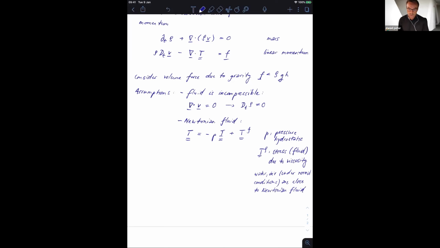Or, often, polymer solutions are non-Newtonian fluids. So non-Newtonian could be paint, blood, or polymer solutions.